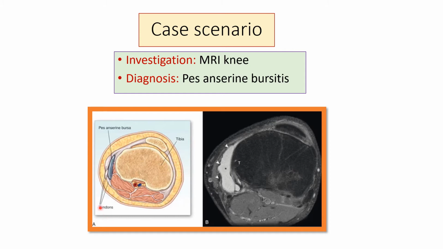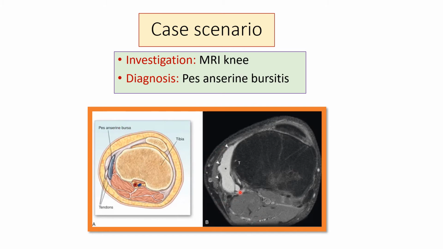In this picture, you can see the 3 tendons, that is the sartorius, gracilis and semitendinosus tendons that constitute the pes anserinus, and deep to it we are seeing the bursa that has connection with the knee joint, and this bursa is known as the anserinus bursa or pes anserinus bursa.